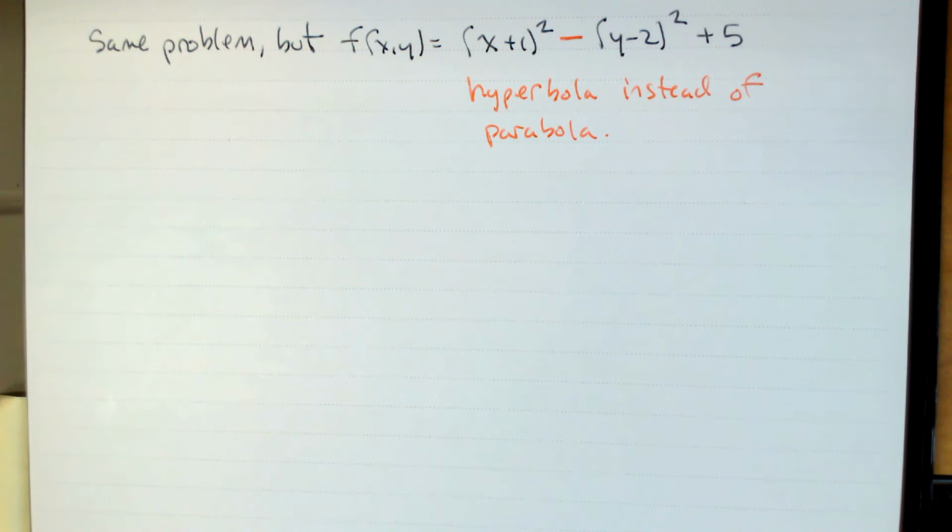So hyperbolas are like Pringles, where it's bent up in one direction, but bent down in the other direction. Has everybody had Pringles before? This is a lunchtime class, so all these examples are going to be about food. I missed my opportunity to go out and get some Pringles and have it be part of the classroom expenses. So I'm going to write off these Pringles. It's for work.